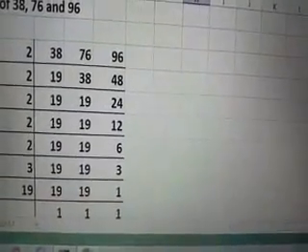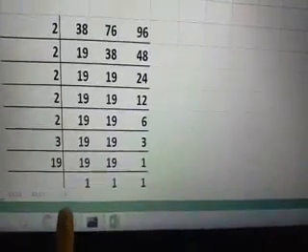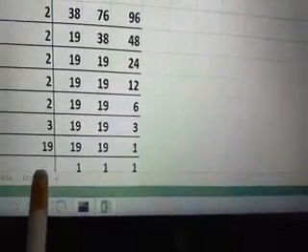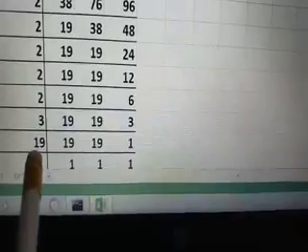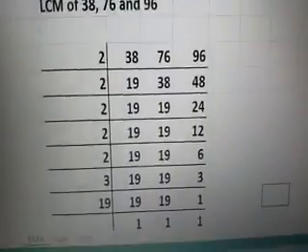So next prime number after 3 is 5, then 7, then 11, then 13. It is not divisible by any of the numbers. Then take next prime number, that is 19. 19 divided by 19 is 1 and 19 divided by 19 is 1.